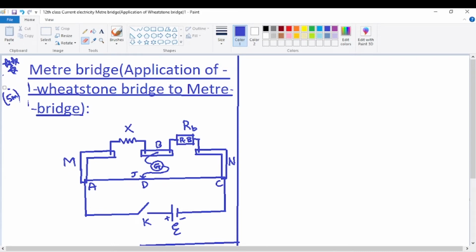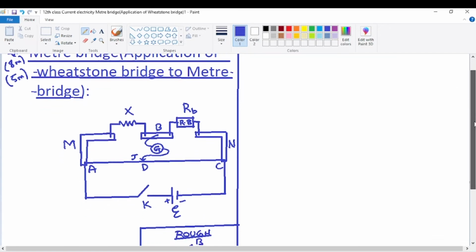This is a very important topic, as important as the Wheatstone bridge. Almost every year in the board exam, either Wheatstone bridge is asked or the meter bridge is asked. So either the regular theoretical Wheatstone bridge is asked, or the practical form of Wheatstone bridge, which is nothing but the meter bridge. So it's very useful for 8 marks as well as 5 marks. Just like the Wheatstone bridge.